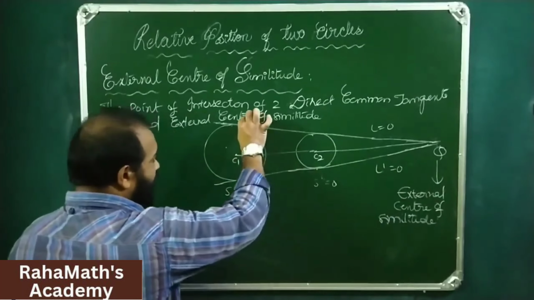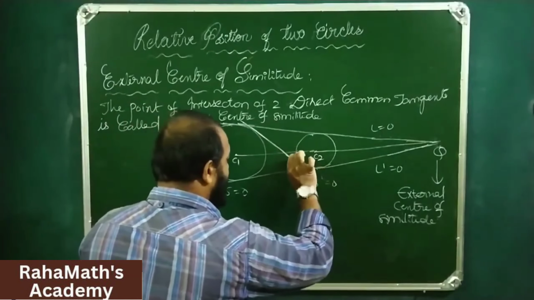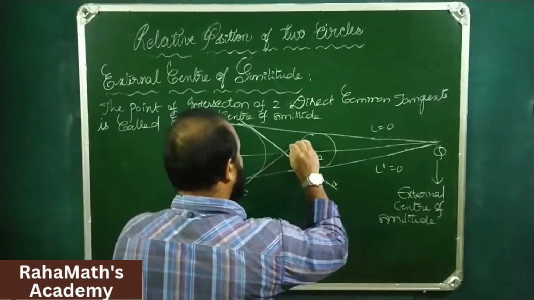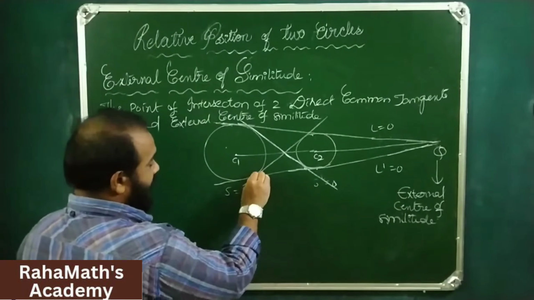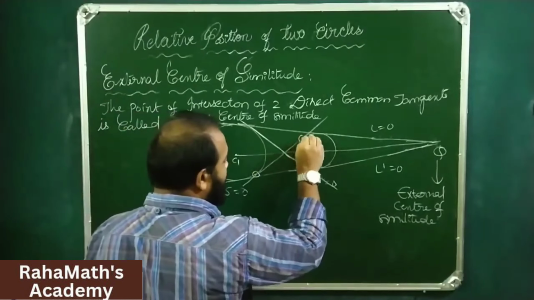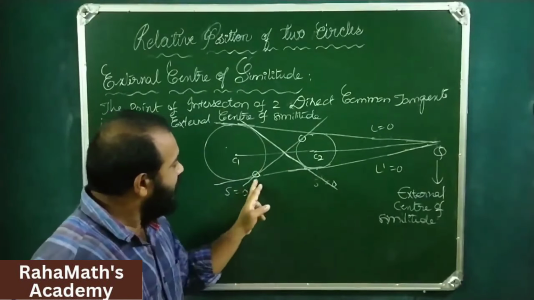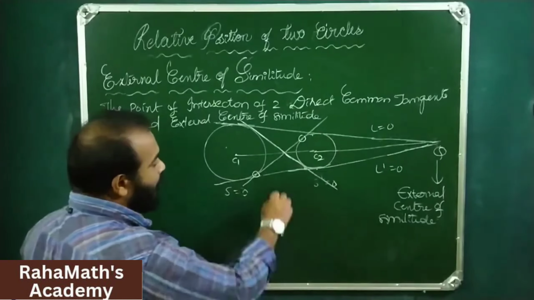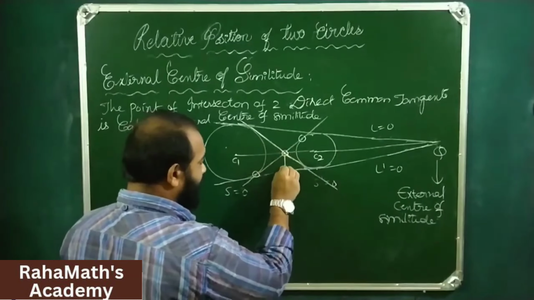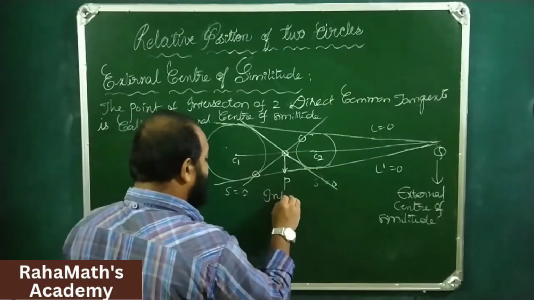And earlier, for example, this is one transverse common tangent, and this is another transverse common tangent. Let this one touch here, and the other touch here, for example. The point of intersection of these transverse common tangents is, for example, this P. So this P is called the internal center of similitude.